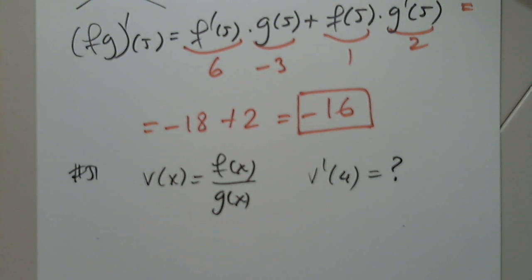But we have to find what first before we embark on finding V prime of 4? Anyone? What do we need to find first?